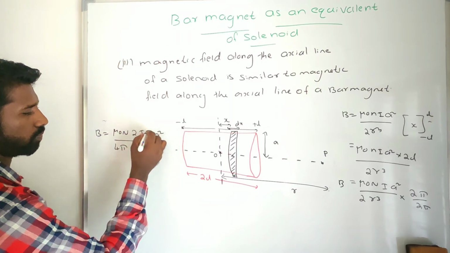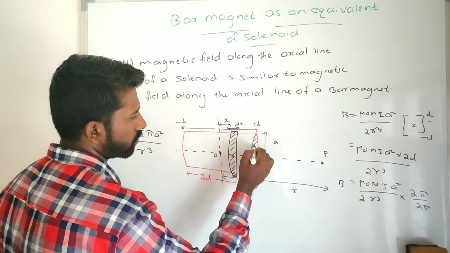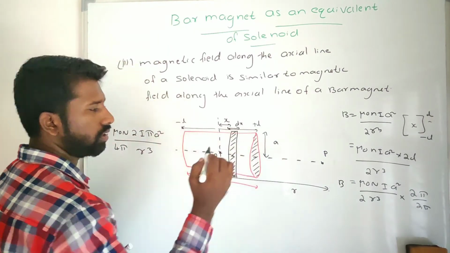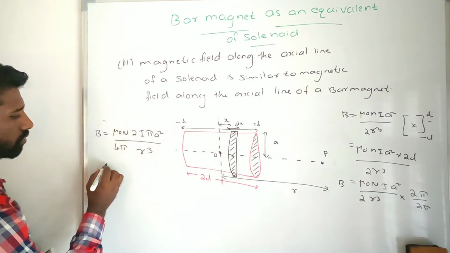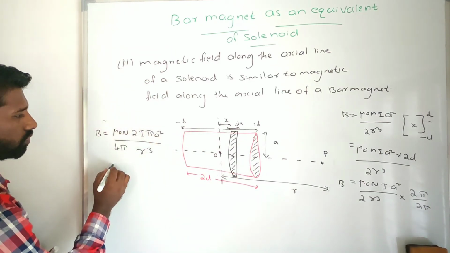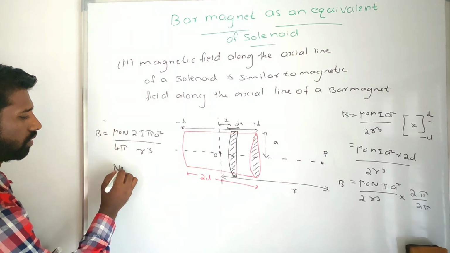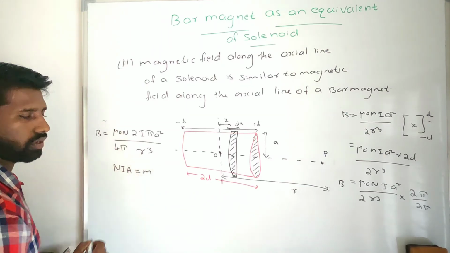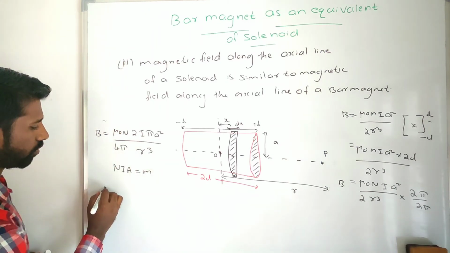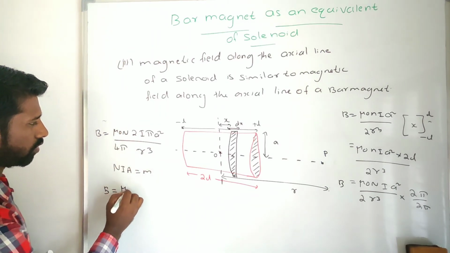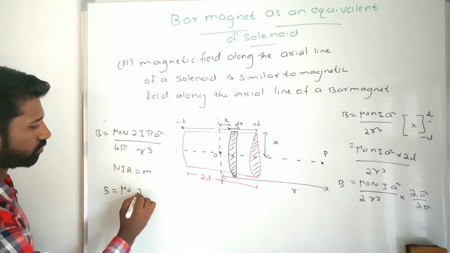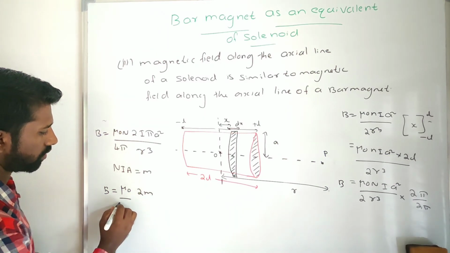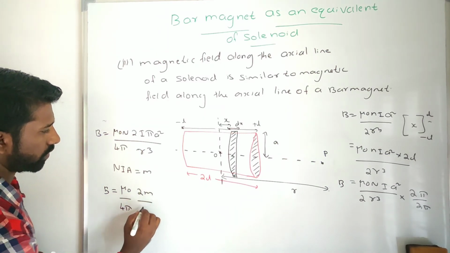What about pi a square? Pi a square is the area of cross section, so pi a square is the A. And N I A is the magnetic moment. So now B we will get as mu 0 into 2M divided by 4 pi divided by r cube.